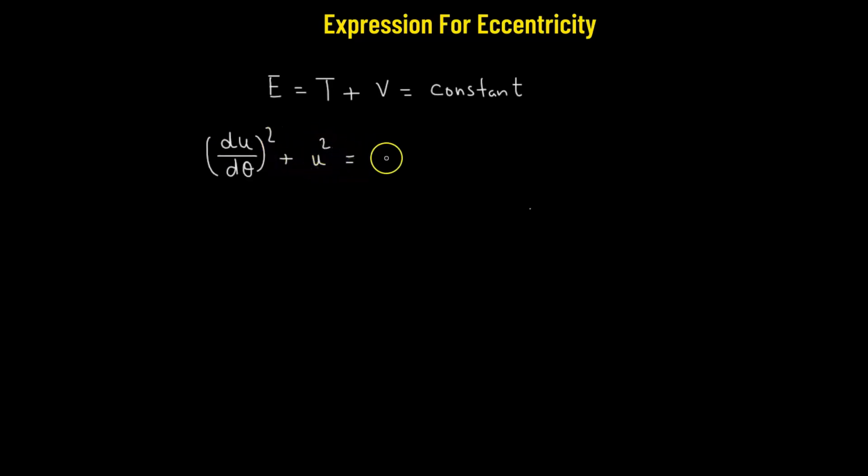So this is equal to 2m over L squared multiplied by E minus V. Right, and this V will be a function of u.